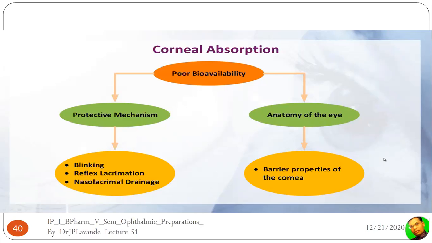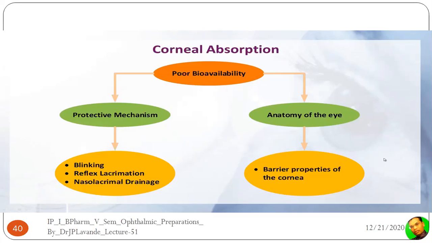Now the first challenge is the protective mechanism, and the anatomy of the eye is the second challenge. The protective mechanisms include blinking, during which the contact between the solution or the drug and the eye gets reduced. There is reflex lacrimation and there is nasolacrimal drainage.